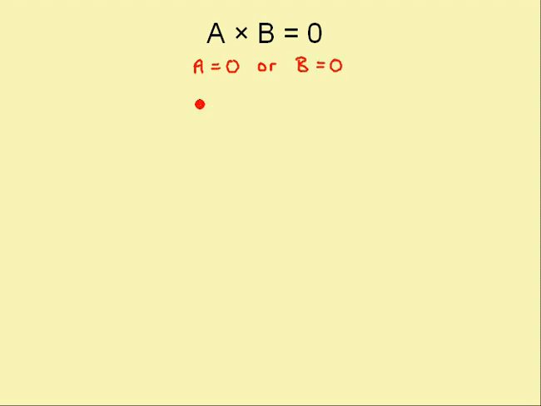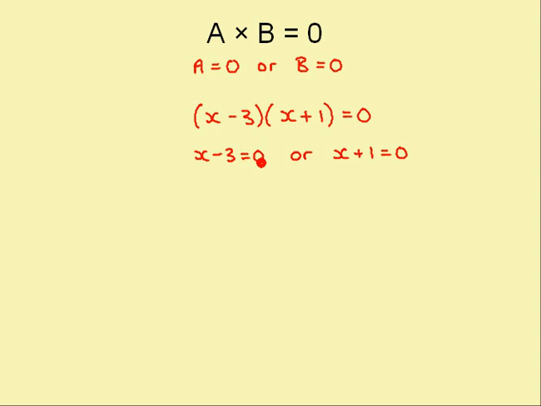In algebra, you might get something like this: x minus 3, x plus 1 equals 0. This is the same situation as this because we have this multiplied by this and we get 0. So we know that either x minus 3 equals 0 or x plus 1 equals 0.